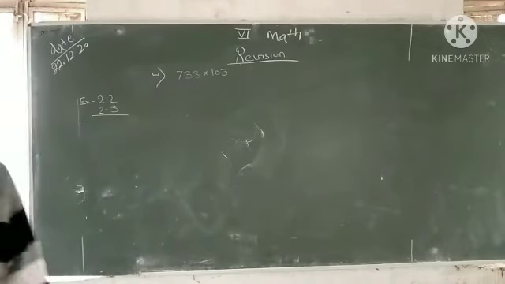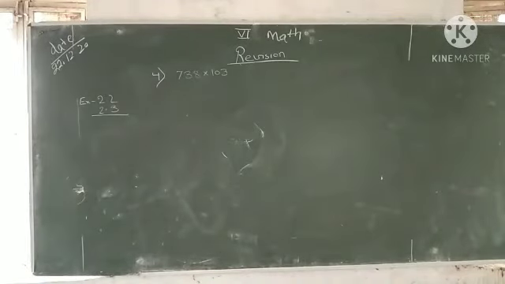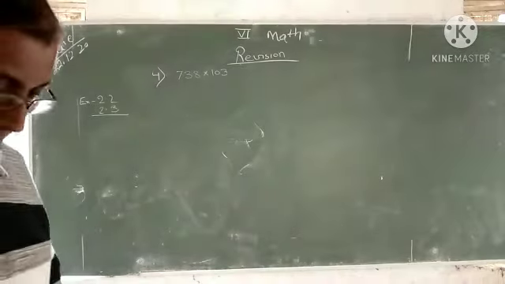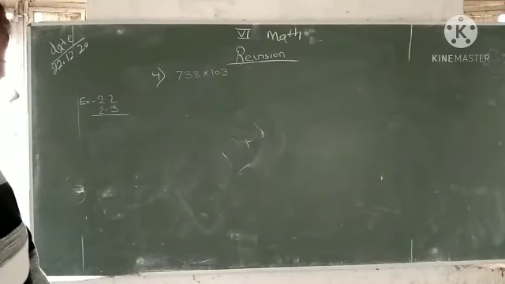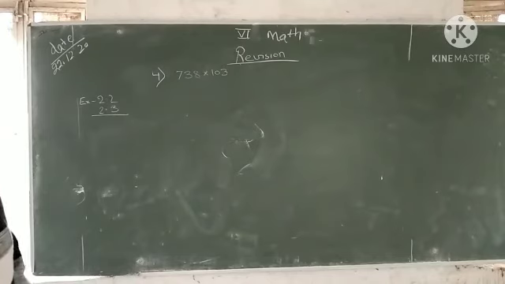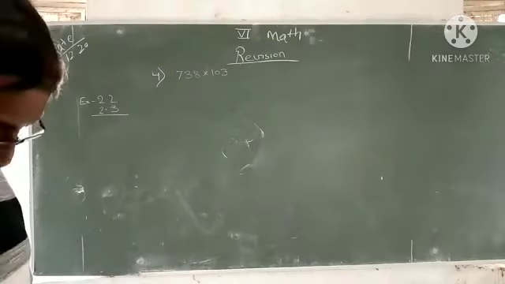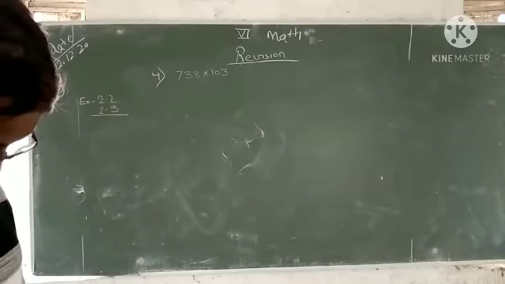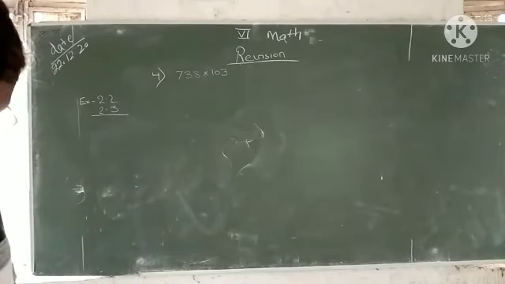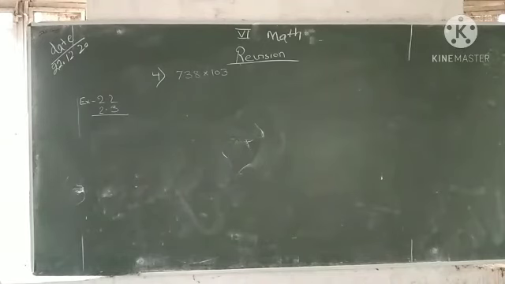It says find the product using the suitable property. So if we look at this particular sum, 738.